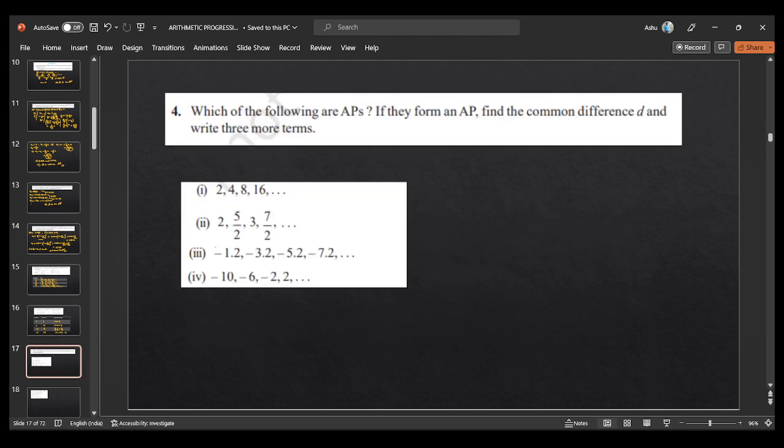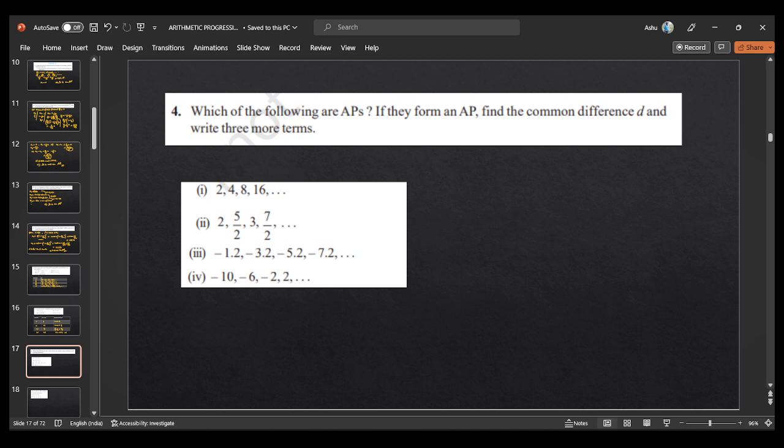Now next question. Question is 4. Which of the following are AP? Find the common difference d and write 3 more terms. Clear?